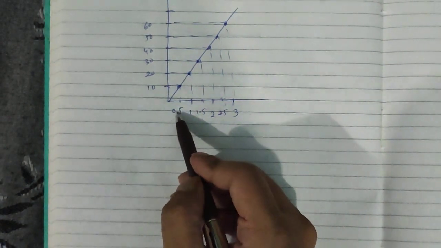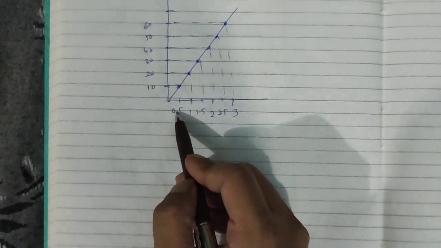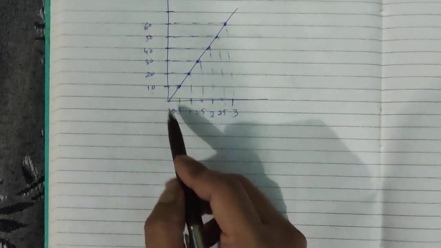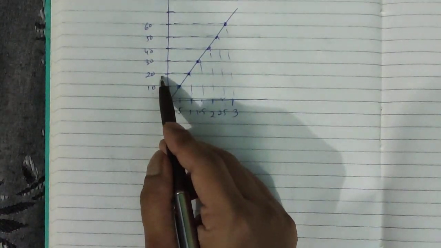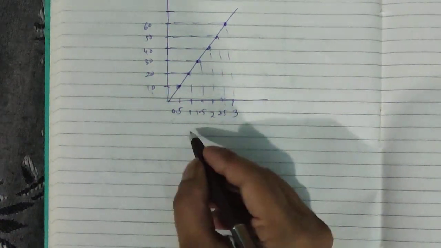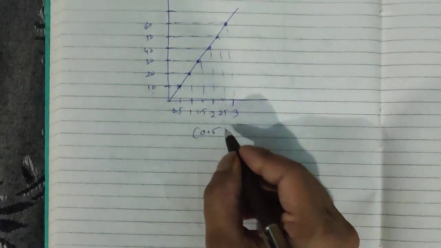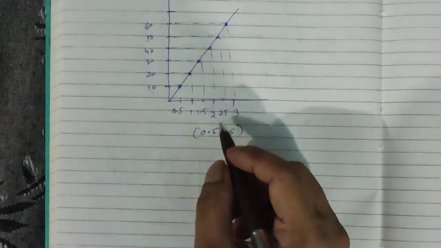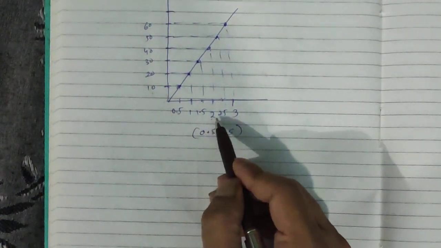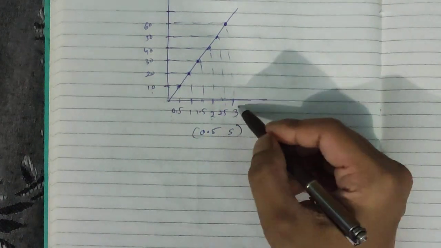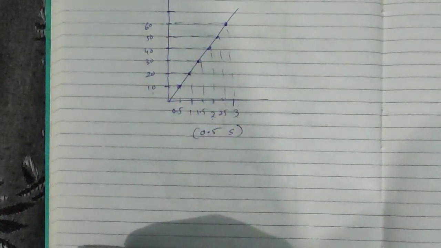That means at 0.5 seconds the object covers 10 meters. After another 0.5, that is 1 second, it covers 20 meters. So the time interval is 0.5 seconds, and for that we have corresponding values over here.